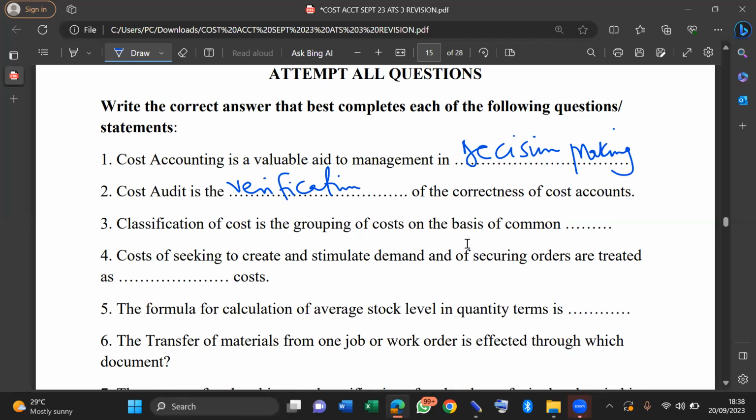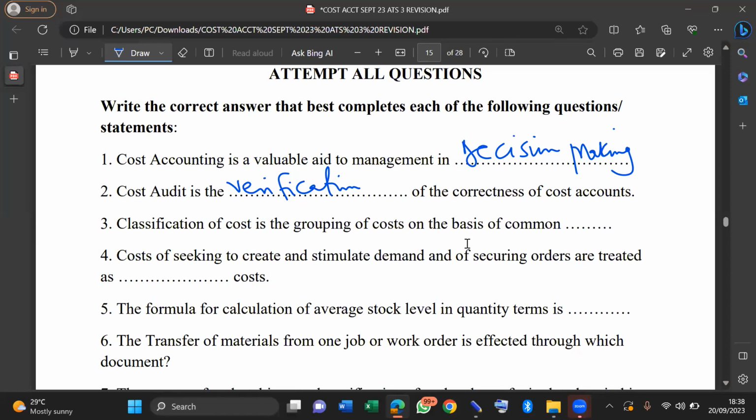Third one, classification of cost is the grouping of cost on the basis of common dash. Common what? On the basis of the common dash. Characteristics.